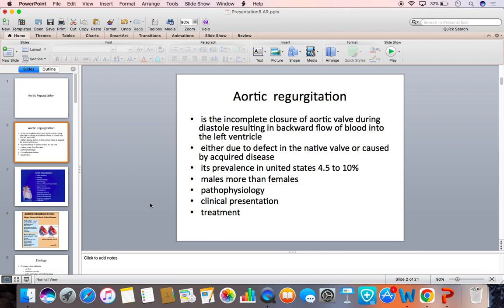This regurgitation is either due to a defect in the native valve or caused by acquired diseases. The prevalence of aortic regurgitation in the United States is around 4.5 to 10%. It's more common in males than in females. On this topic we are going to touch on pathophysiology, clinical presentation, and treatment.